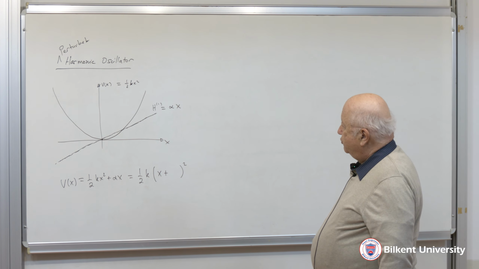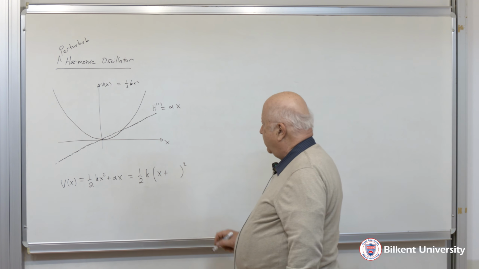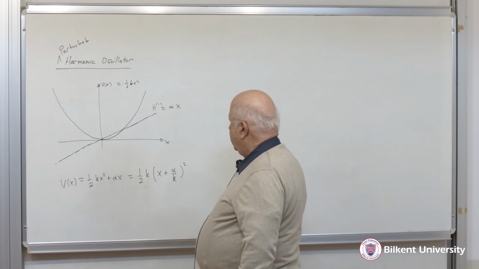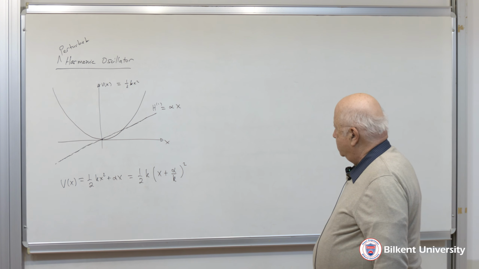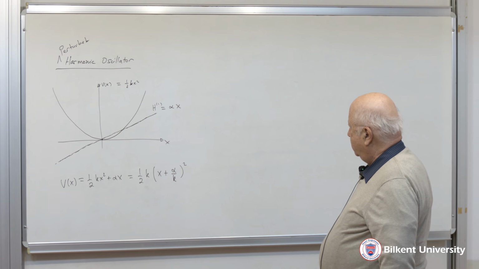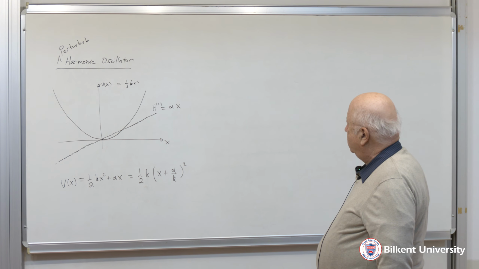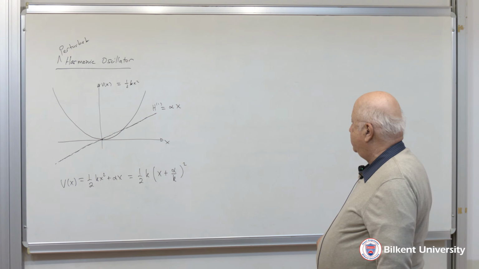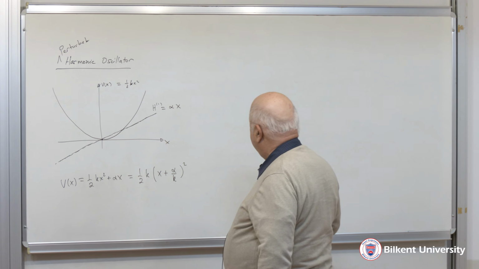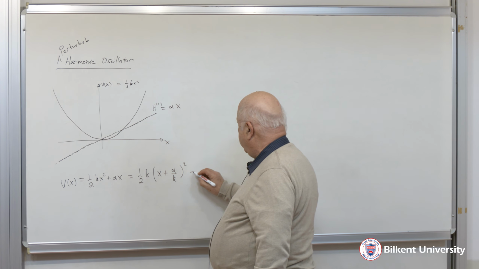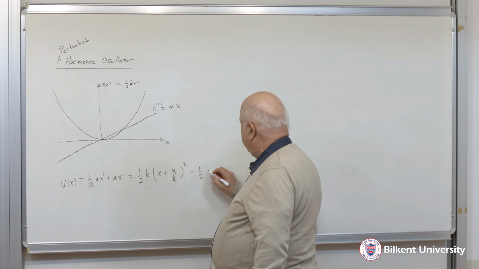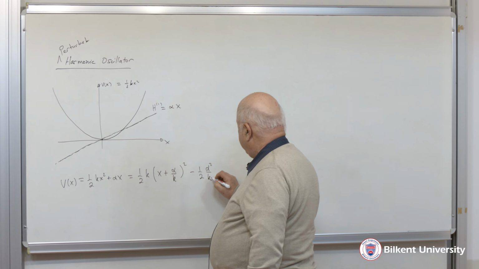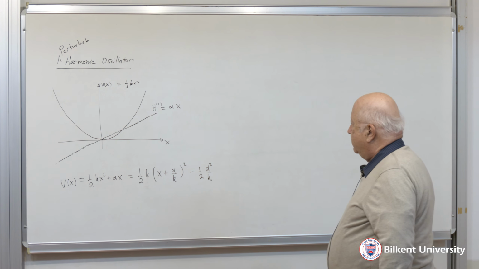Well, if I choose alpha over k, that will do it. But it will generate a square term, which I have to handle. So that is going to be minus 1 over 2, alpha squared over k, right? So that's equal to that.